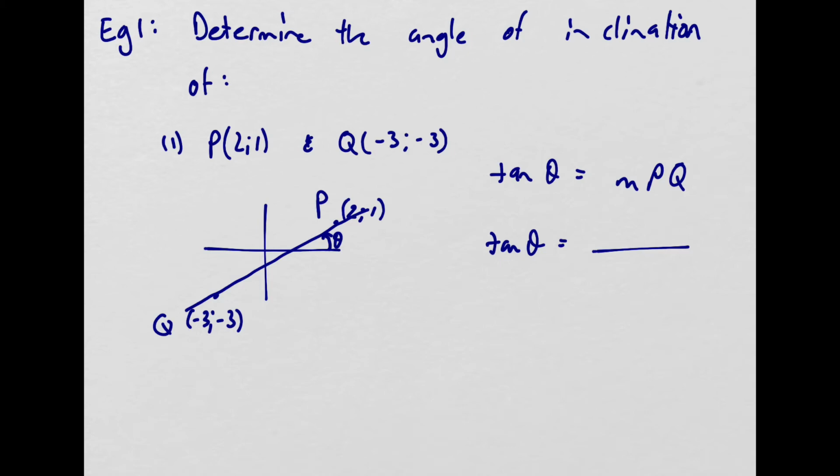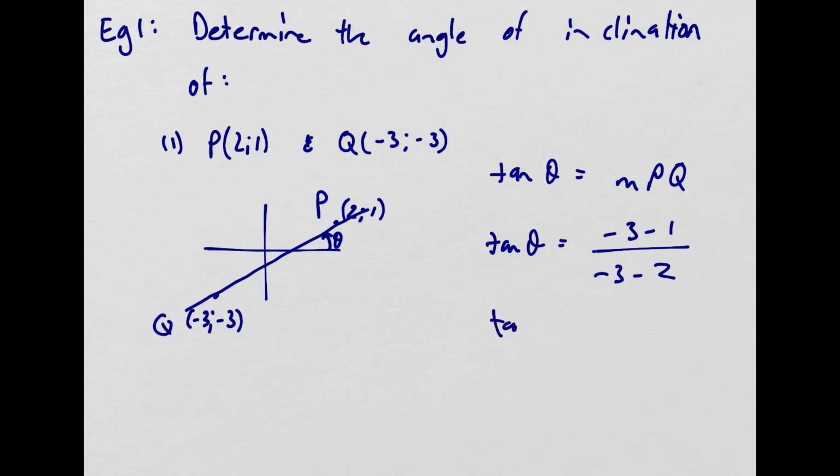So let's go with -3 minus 1 at the top. And at the bottom, we're going to go with the x values, -3 minus 2.